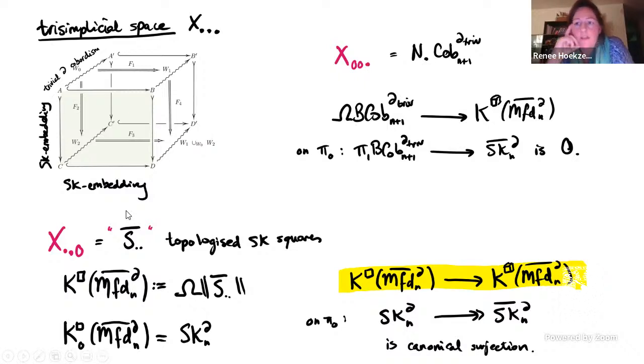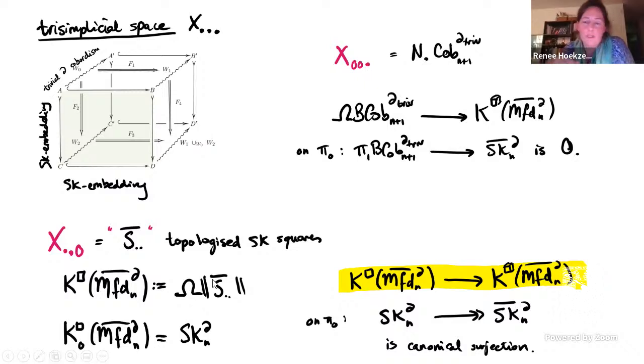Another interesting sub-simplicial space is X_{•,•,0}. This is just taking the front faces and looking at what squares can be built out of that. This is a topologized version of the bisimplicial set that I had before, so this is topologized SK squares.